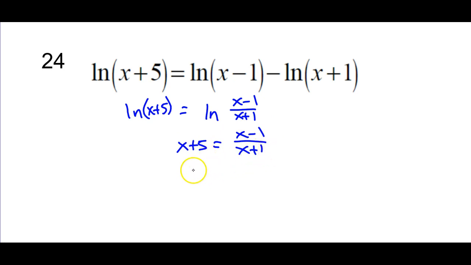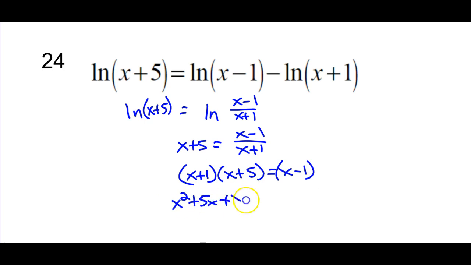So multiplying both sides by x plus 1 gives me this. I'm going to FOIL this out. And then that gives me x squared plus 6x plus 5 equals x minus 1.